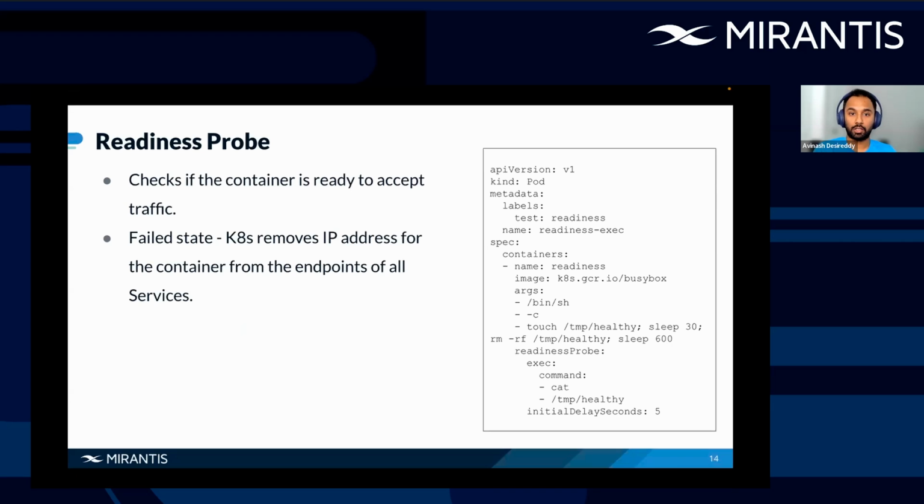Similarly, readiness probes determine whether or not a container is ready to serve requests. If the readiness probe returns a failed state, Kubernetes removes the IP address of the container from the endpoints of all services.